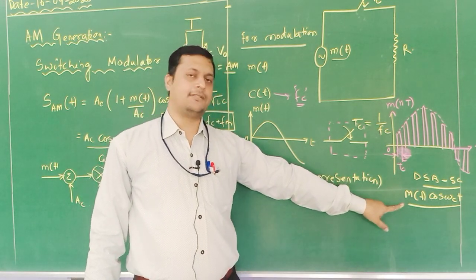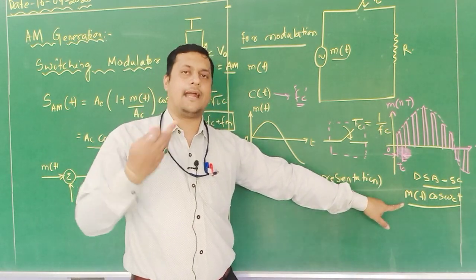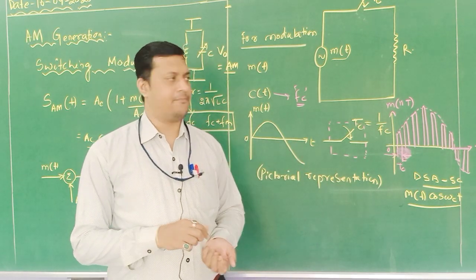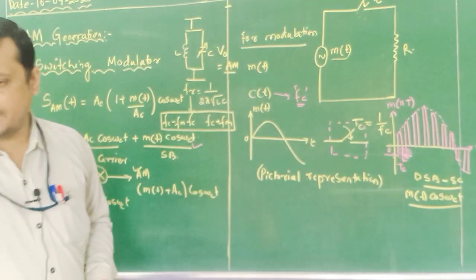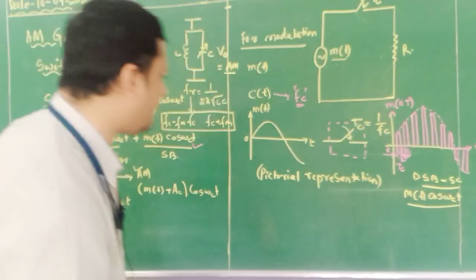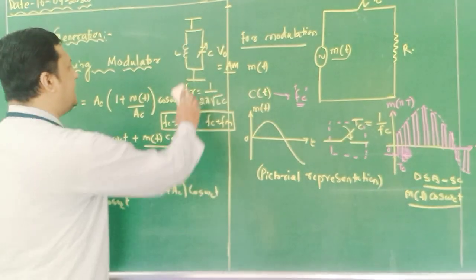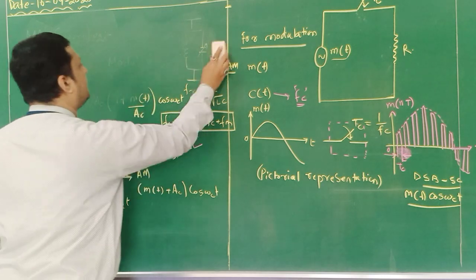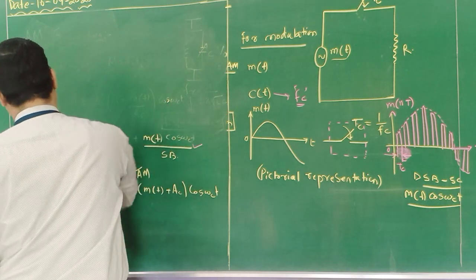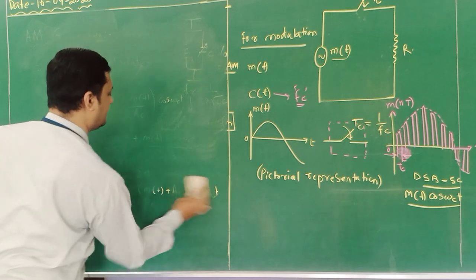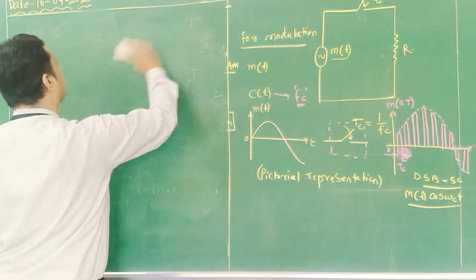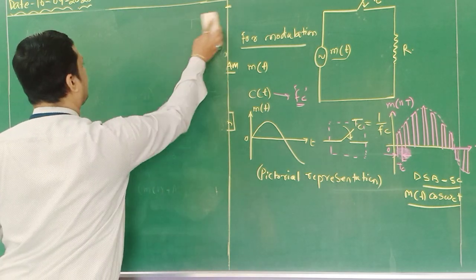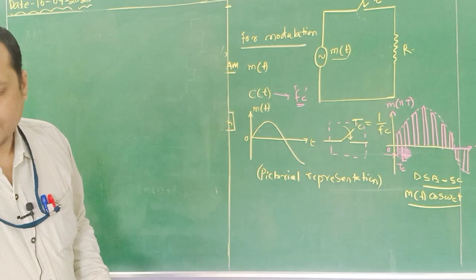Now once this DSB-SC signal is known, we need to add the carrier component to it so that the AM signal can be generated. Okay. So for this we will have a certain relation through which we can identify the DSB-SC signals.